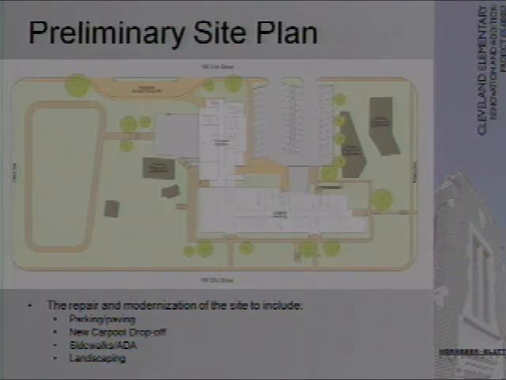And so our proposal is that there'll be a new entry in the corner of that L between the proposed addition and the new building. And we're proposing to move the administration offices adjacent to that so that there will be maximum security and that all visitors entering into the building will have to check in with the administration.